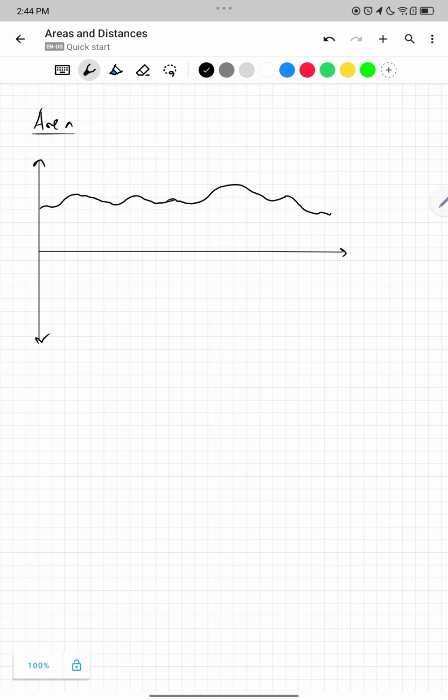So what we would do initially is approximate. By approximating, what do I mean? You'll assume you have an n number of rectangles within the curve, right? So something like this.